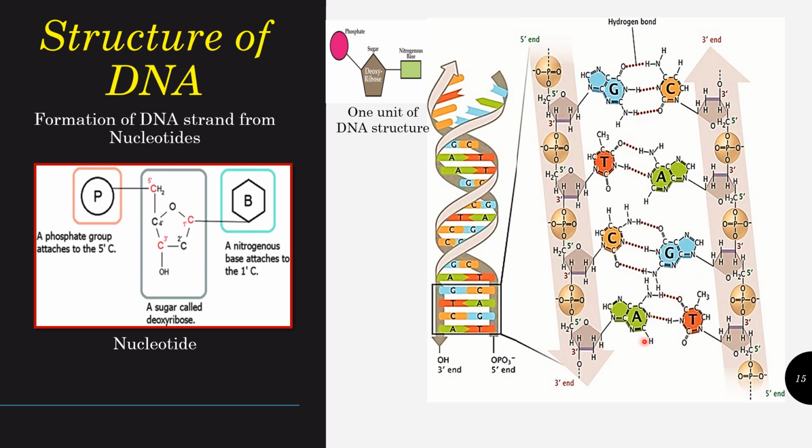A two-ringed purine base is paired with a single ring pyrimidine base. Adenine always pairs with thymine and guanine always pairs with cytosine. There are two hydrogen bonds between adenine and thymine, whereas guanine and cytosine are held together by three hydrogen bonds.